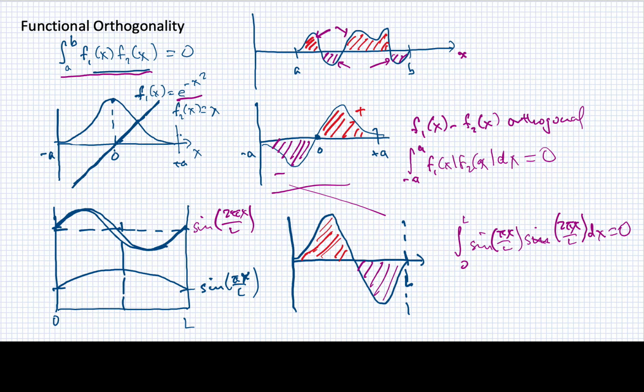Now, I should say a few words about what to look for sometimes in this. If we have functions that are centered around the origin, and the integration limits are equally distributed across the origin, so it basically goes from minus a to a, or from minus infinity to infinity, we may care about the symmetry of these functions as to whether they are even or odd.